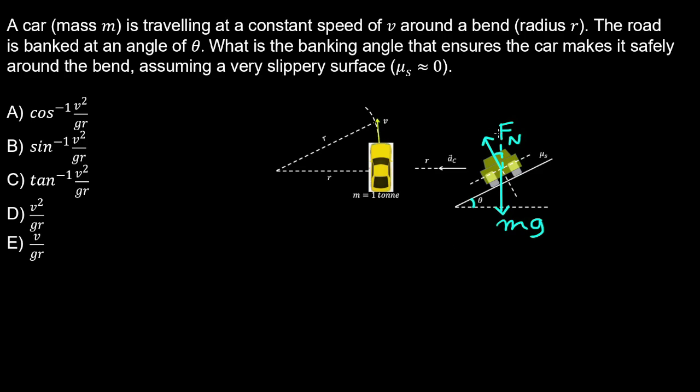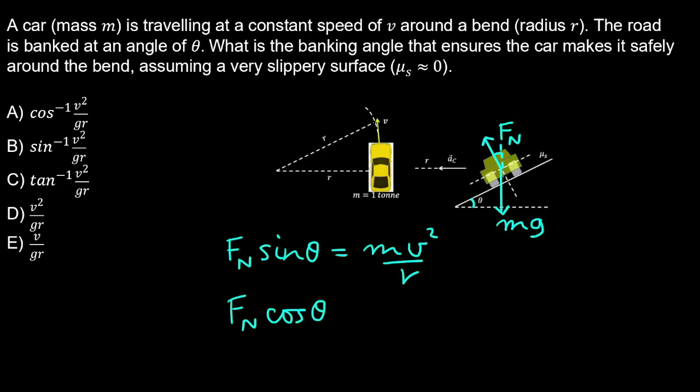So applying Newton's second law, we have the normal force by sine theta is equal to the mass by the centripetal acceleration. And in the vertical direction, we have the normal force by cosine theta minus mg is equal to 0.